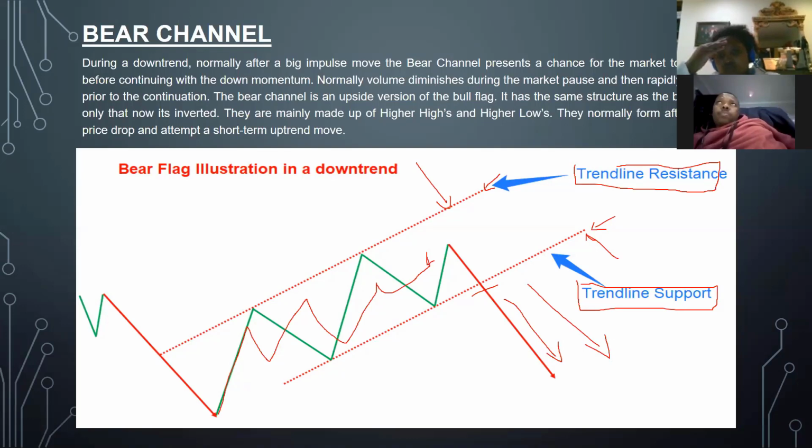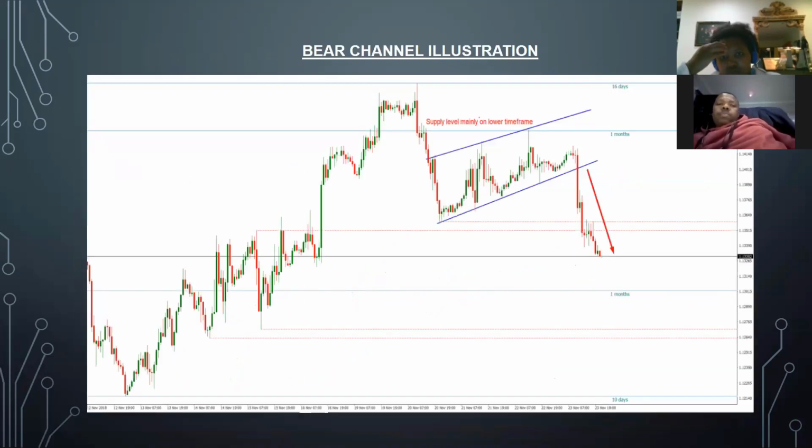So I'm going to show you now what it looks like on real market data. This is the Euro USD chart. As you can see from the chart, price created supply here, and then rallied away.